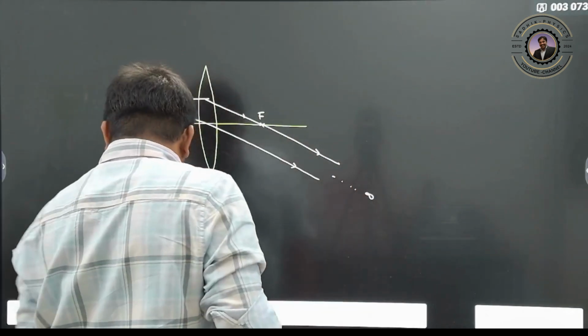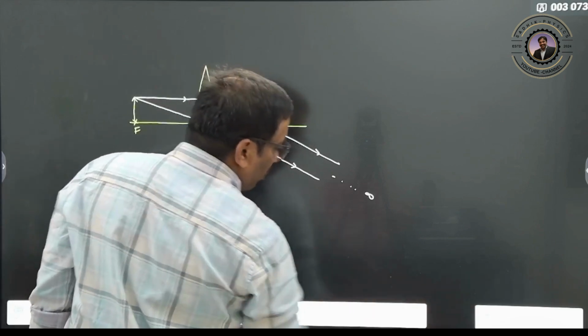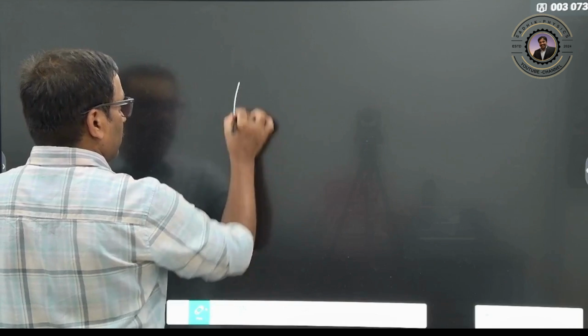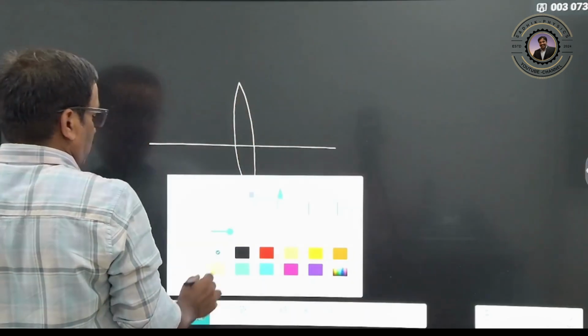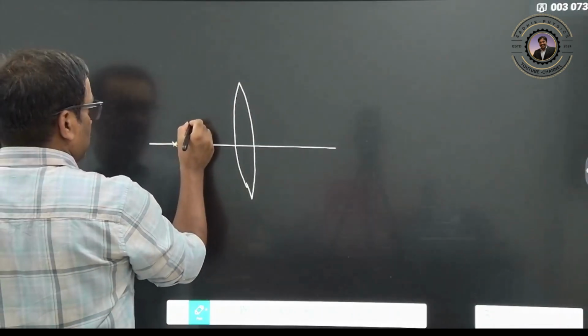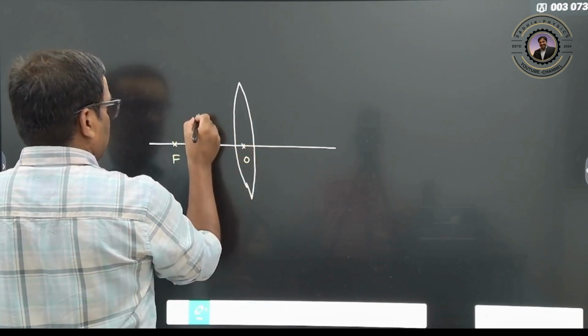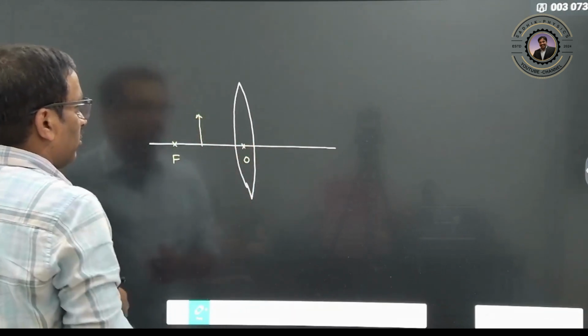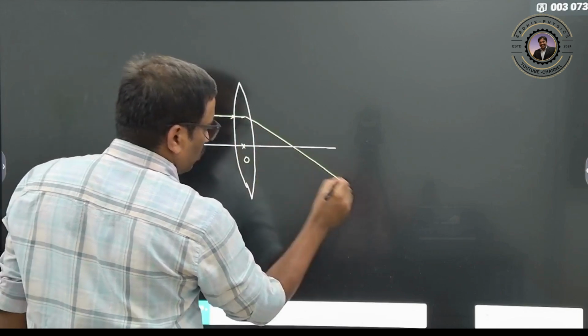You understand? Next, very important, the most important diagram. Here the object is kept in between the focus and the optic center. How will the image be? If light rays are coming parallel to the principal axis, they go to the principal focus.